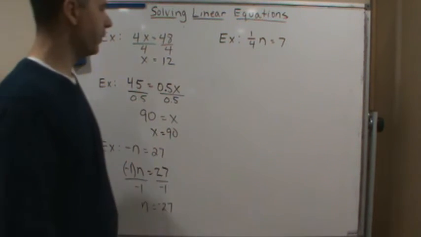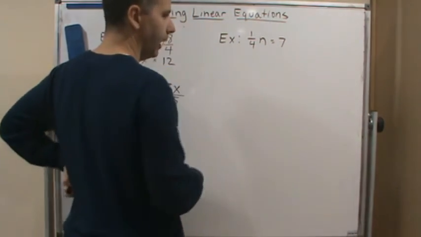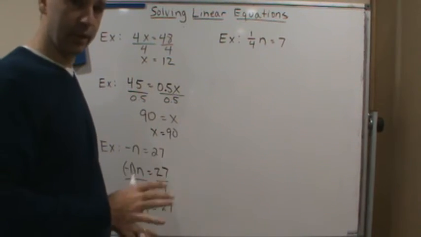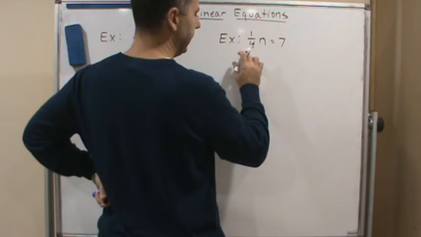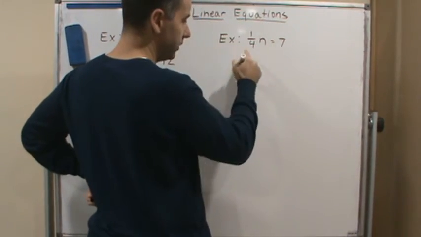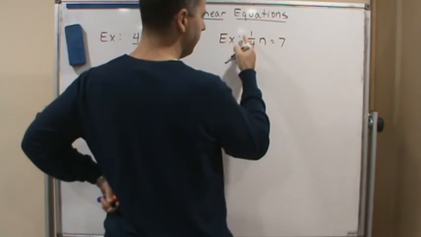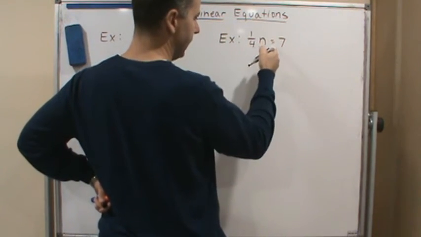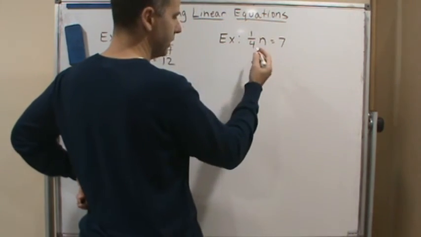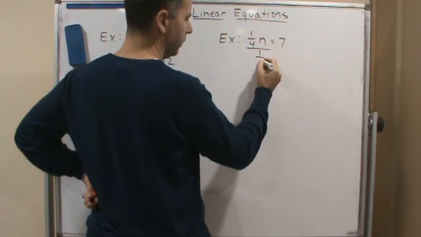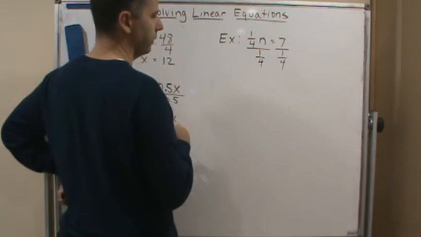Okay, and finally, this one. Now here, any one of these I could have done using a different method, but I'm going to demonstrate using this one. Okay? So here's what I'm going to do. Again, I'm taking 1/4 times n equals 7. So if I do the opposite, then I'm going to divide both sides by the coefficient, right?